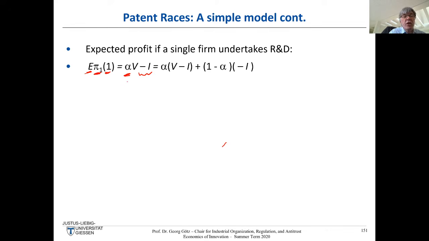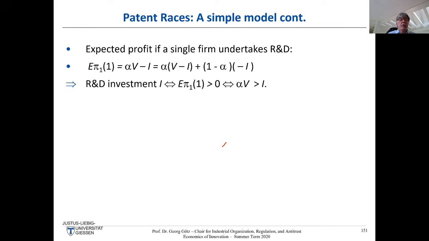With probability alpha, we are successful, so we get V minus I. With probability 1 minus alpha, we are not successful, so we don't get any V because we don't get the new innovation, but we have the cost nevertheless. So we could add here a 0, because if you are not successful, we just don't get anything. Okay, should be rather straightforward. Very simple calculation of expected profit.